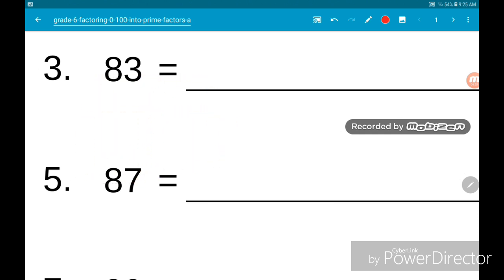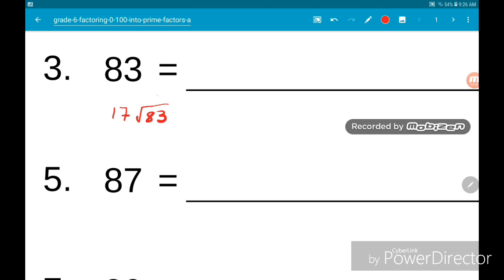There has to be something else. 17. How many times does 17 go into 83? 2, 4, 6, 8. 4.